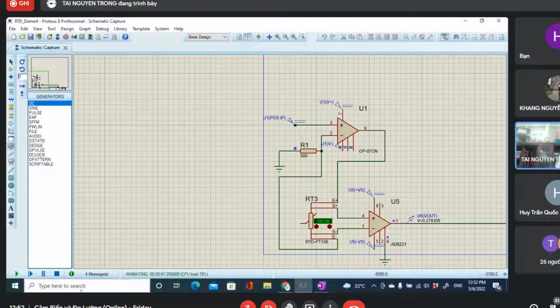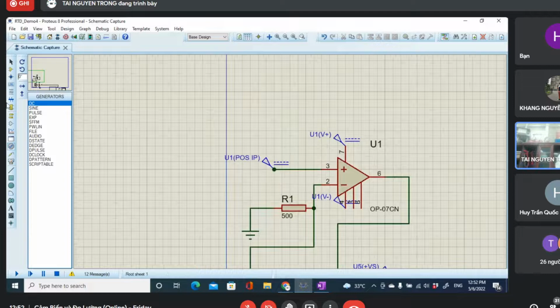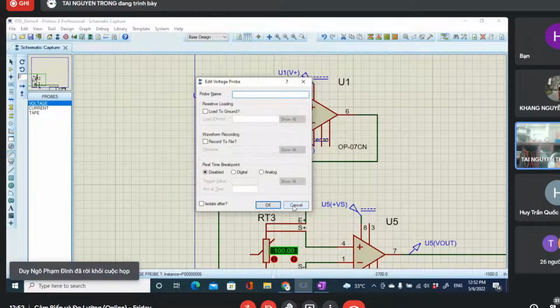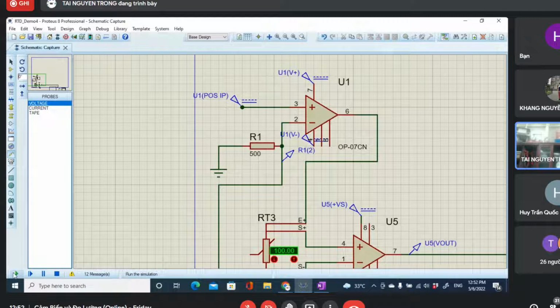Okay, and take a probe to measure. Okay, take a measurement here, and then we can have the voltage.